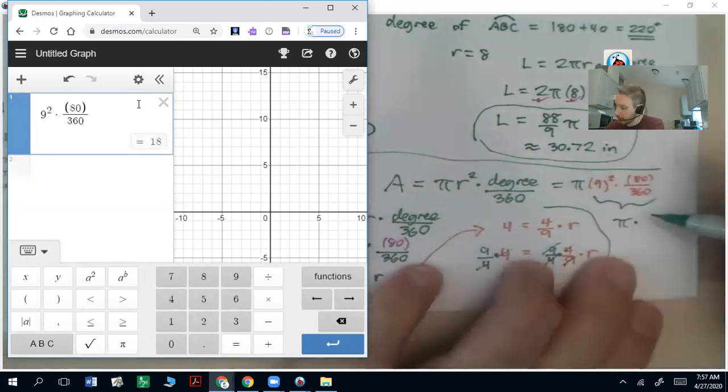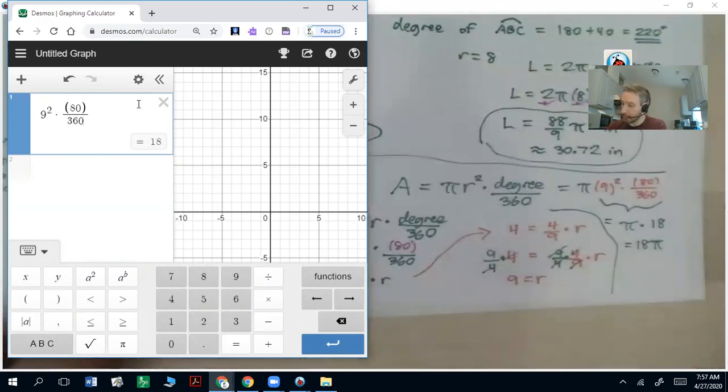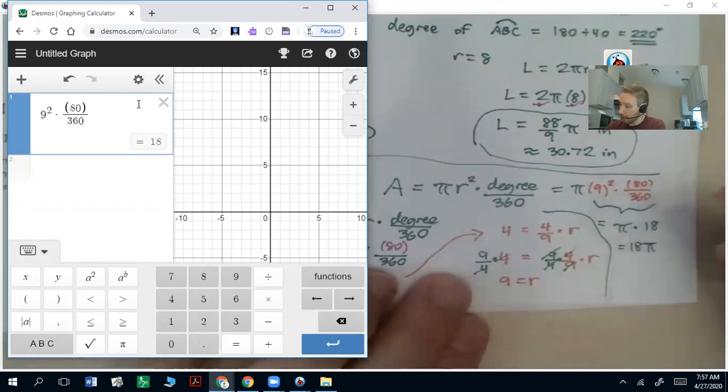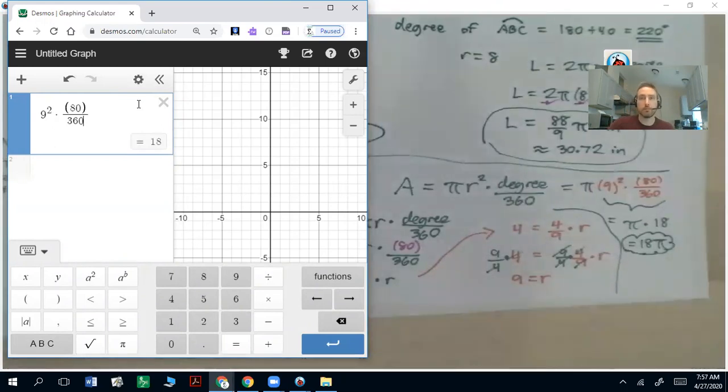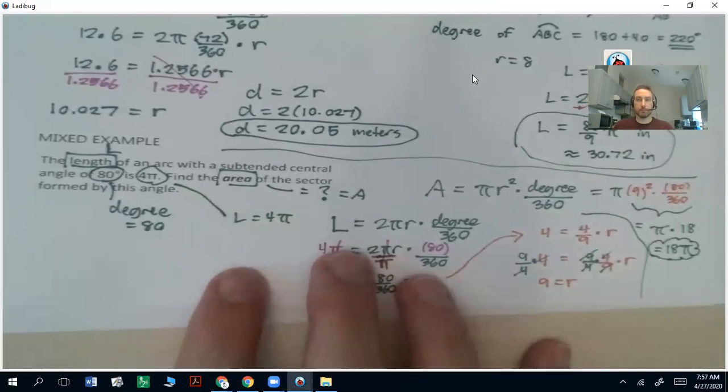So pi times 18. So we could say 18 pi, and this is, well, it doesn't give you a unit, so that area would be 18 pi square units. So there is that problem.